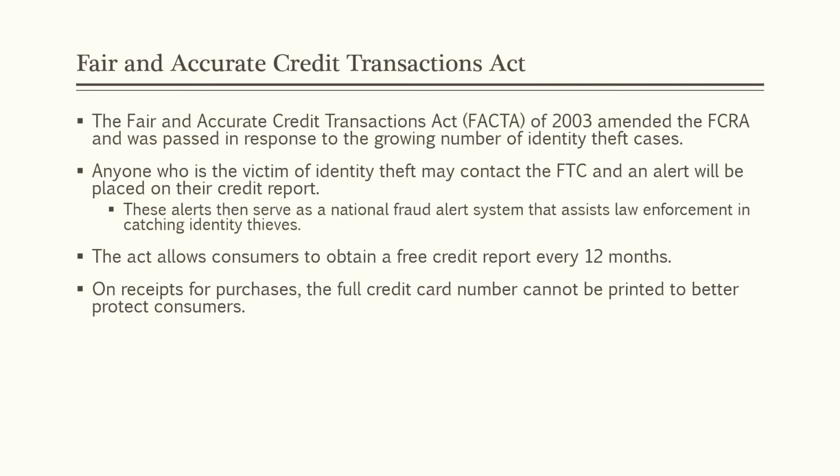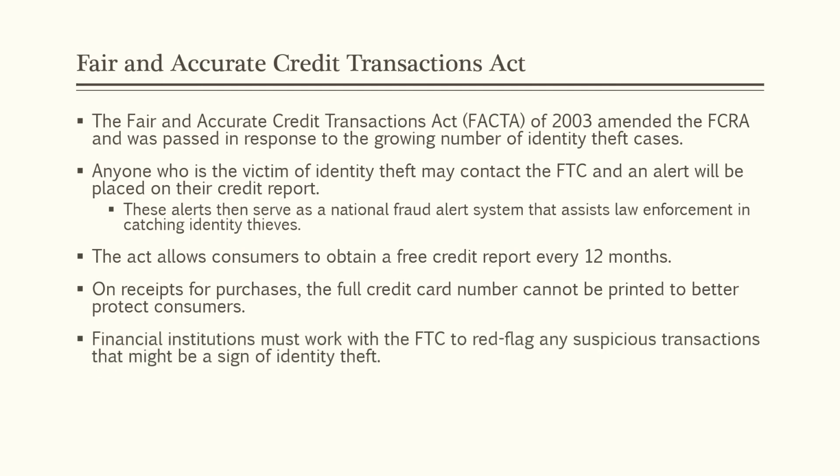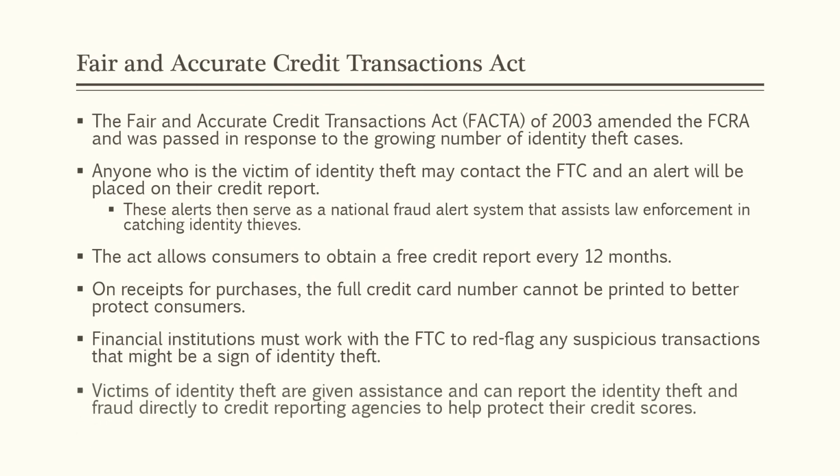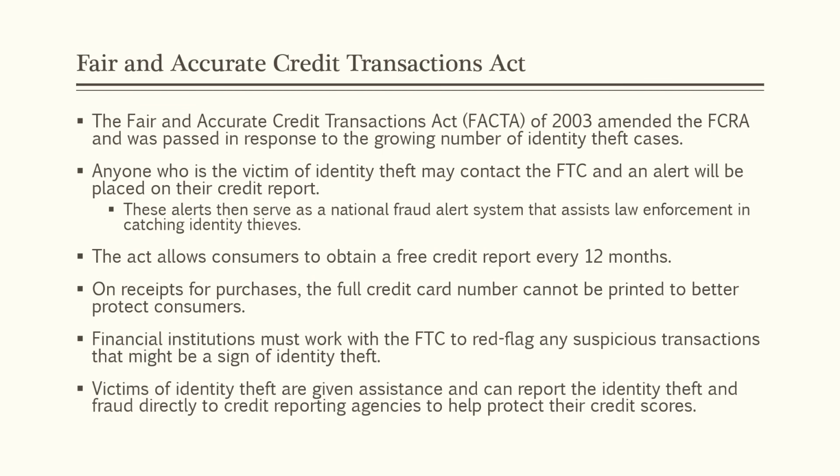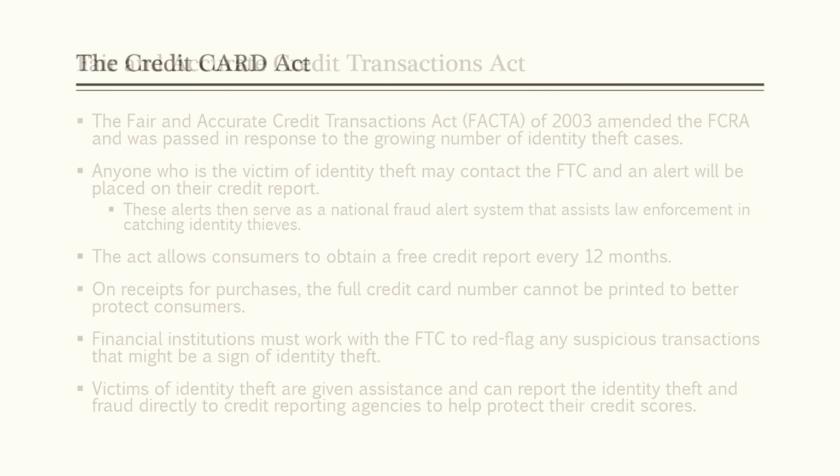On receipts for purchases, the full credit card number cannot be printed to better protect consumers. Financial institutions must work with the FTC to red flag any suspicious transactions that might be a sign of identity theft. Victims of identity theft are given assistance and can report the identity theft and fraud directly to credit reporting agencies to help protect their credit scores.